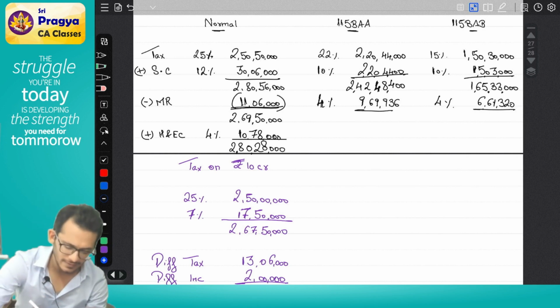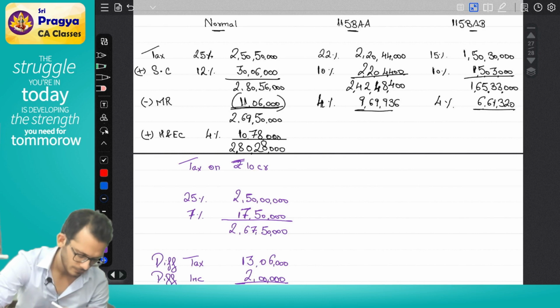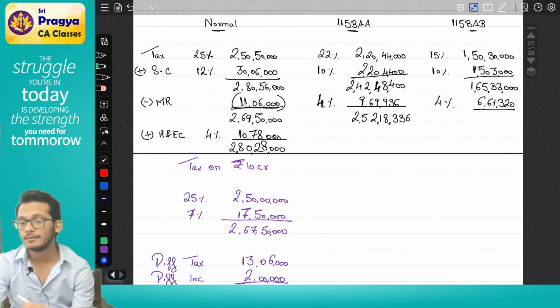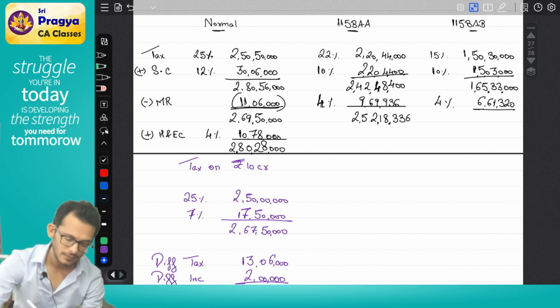Yes, right side number is 25,218,336. Rahul, can I leave it here?